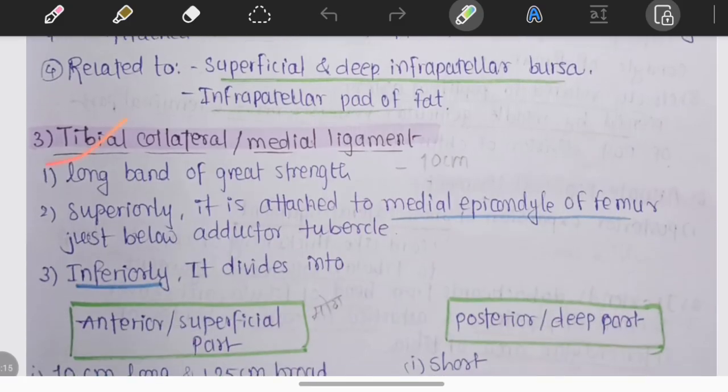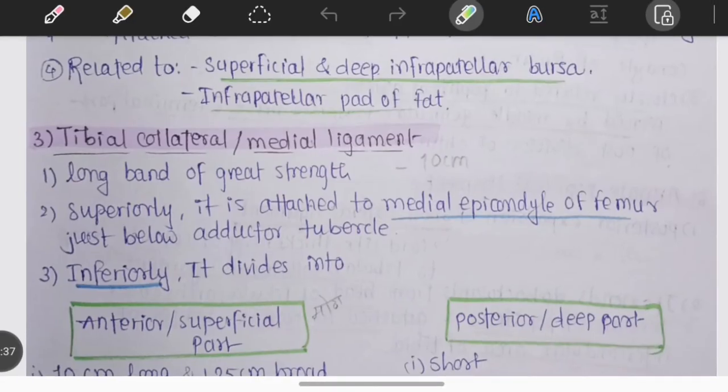Third ligament is tibial collateral or medial ligament. It is a long band of great strength, and superiorly it is attached to medial epicondyle of the femur just below the adductor tubercle. It is also called the medial ligament.